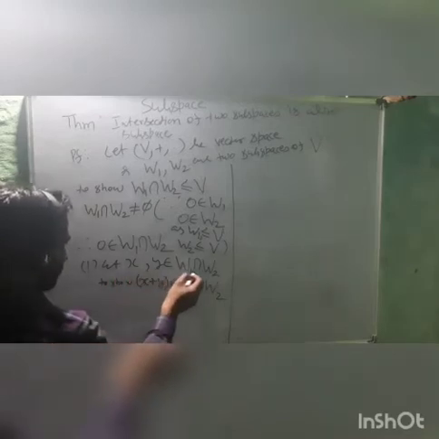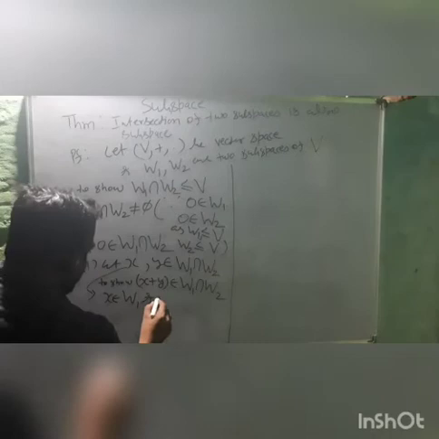intersection W2. Now students, it is given that x and y are in W1 intersection W2. Let's write down their meaning. Because of the intersection, x belongs to W1 and x also belongs to W2. Similarly, y belongs to W1 and y is also going to be in W2.